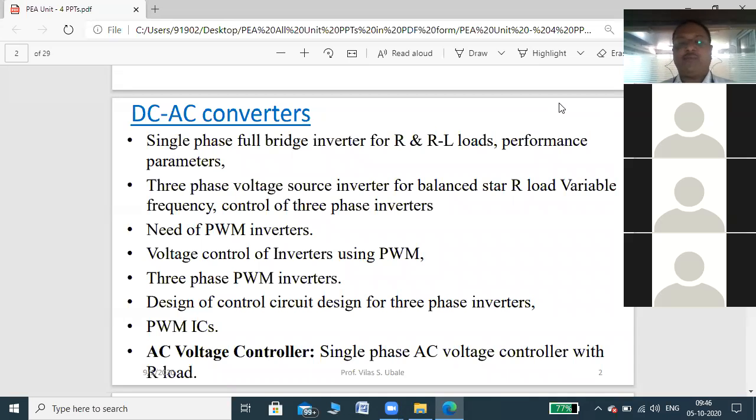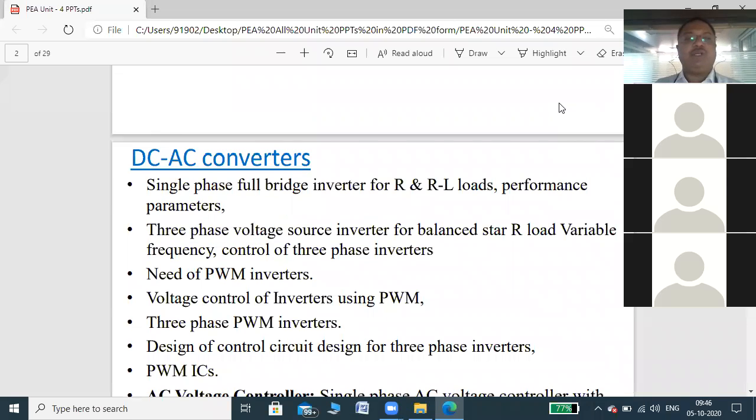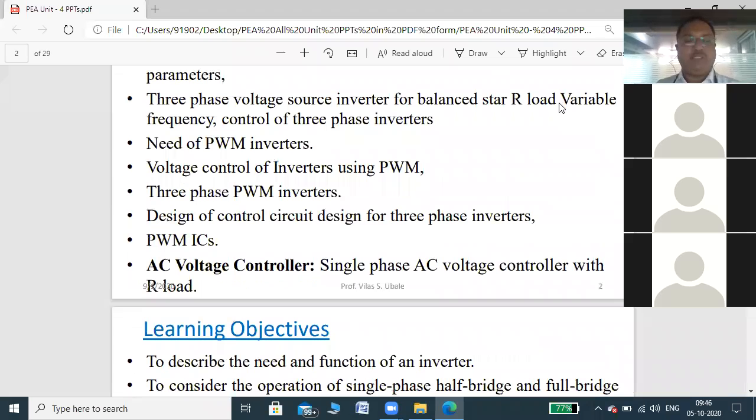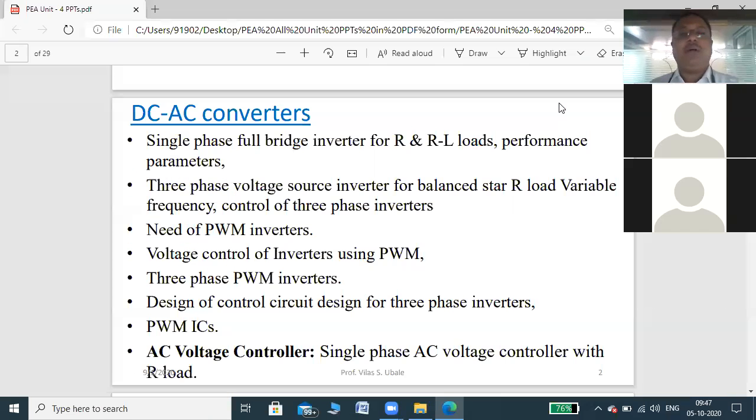So if the AC is taken from the power supply, converted to DC, and then again converted to AC, one question that will come to mind is why this is necessary, that is, why convert AC to DC and again DC to AC? This is required because in industry we need an AC supply with variable frequency.